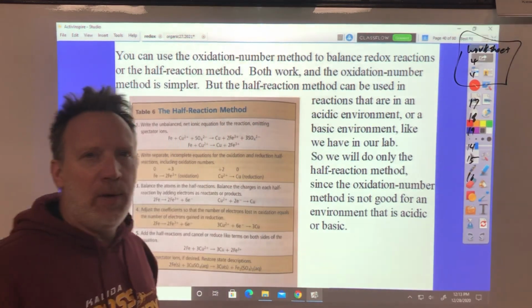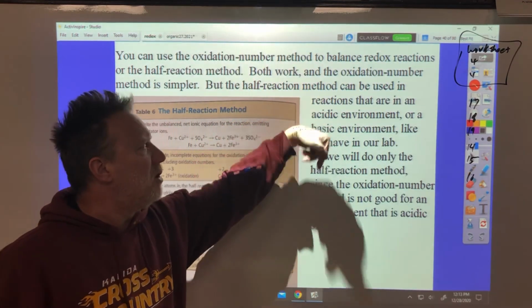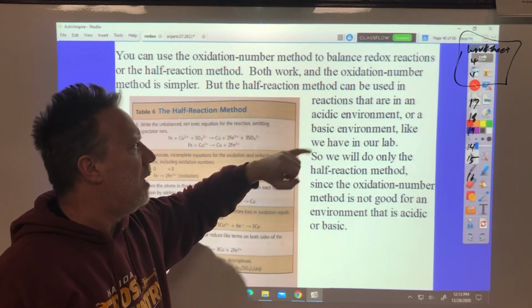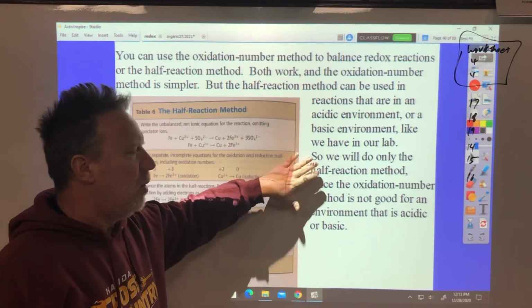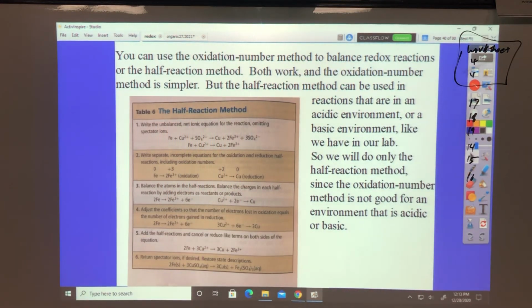We're not going to do that one though, because the half reaction method can be used in reactions that are in an acidic environment or a basic environment, so we're only going to do that one. Both have their strengths, but the half reaction method, there's some steps for it in table 6, and I've got them laid out step by step here, is what's going to work for what we're doing.